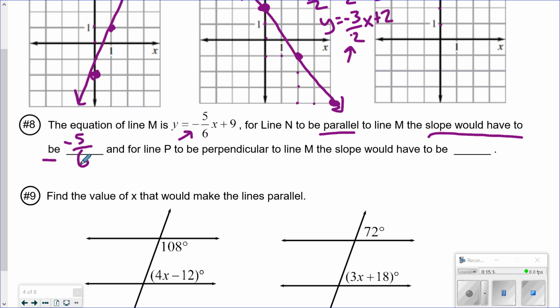And for line P to be perpendicular to line M, it would have to be opposite reciprocals. Since the slope of M is negative, my slope for line P would need to be positive, and then reciprocal just means I flip my fraction around, so the slope would be 6 divided by 5.